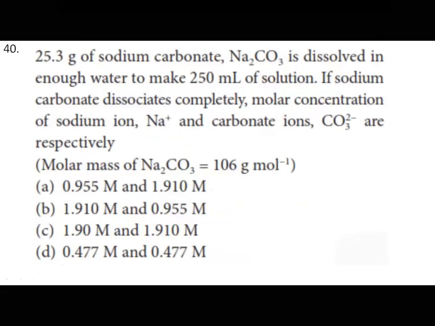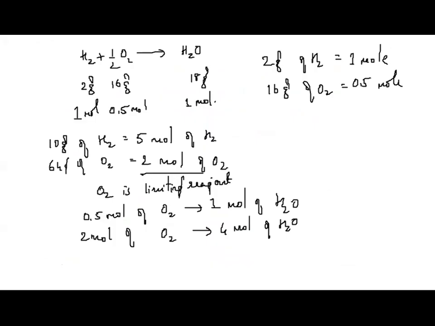23.5 grams of sodium carbonate is dissolved in enough water to make 250 ml of the solution. If sodium carbonate dissociates completely, the molar concentration of the sodium ions and carbonate ions are respectively. Beautifully framed question. 23.5 grams of sodium carbonate. What is sodium carbonate? Na2CO3.